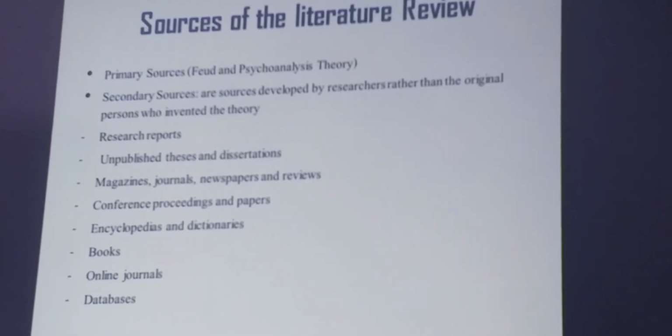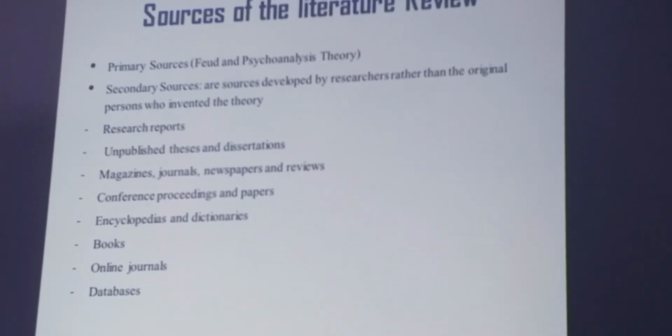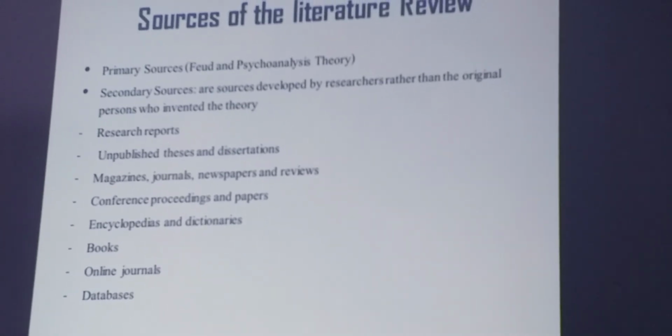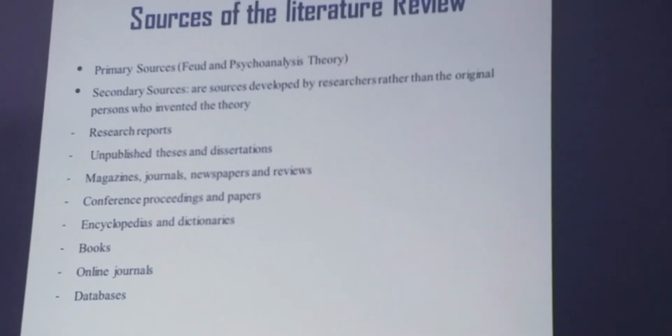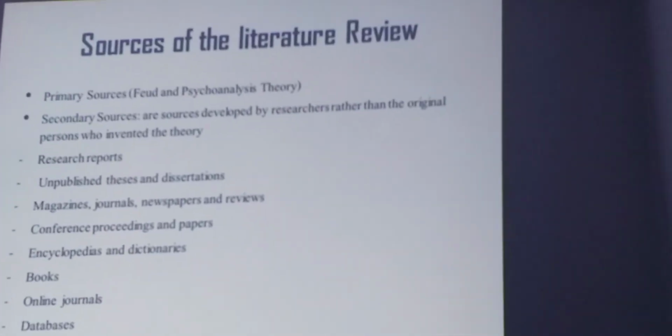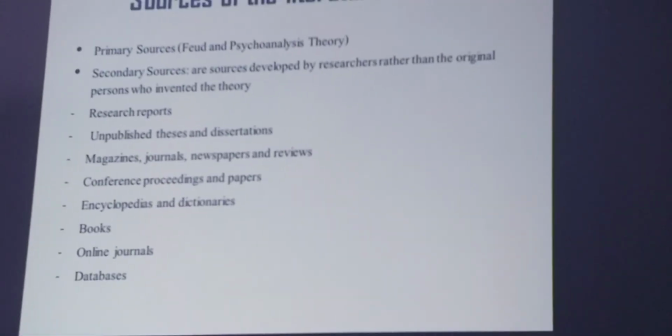I'm still reading, I'm still getting knowledge in the field of research that I'm going to explore. Locating my literature review sources. So this is the second step. This process is also referred to as the snowball effect. Why the snowball effect?